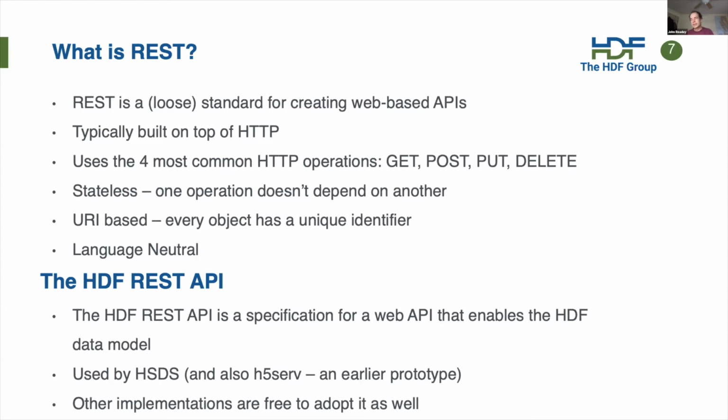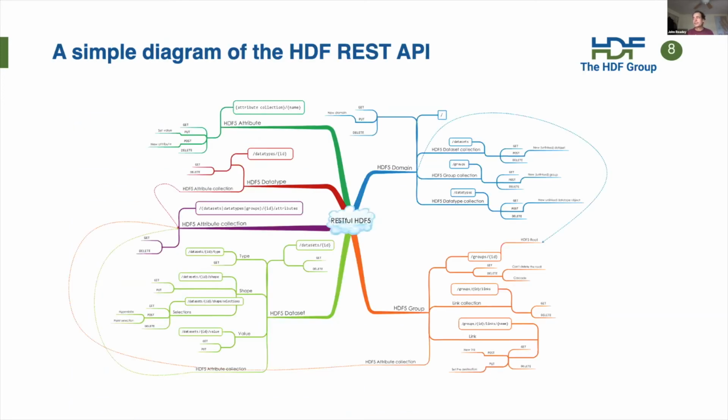It's used by HSDS and also H5 Serve, which was an earlier prototype project we did. But other implementations are free to adopt it as well, right? And by adopting it, you're enabling any application or web app that uses the REST API to work with that adoption. So here's a tongue-in-cheek, simple diagram of the REST API that Gerd Heber came up with.